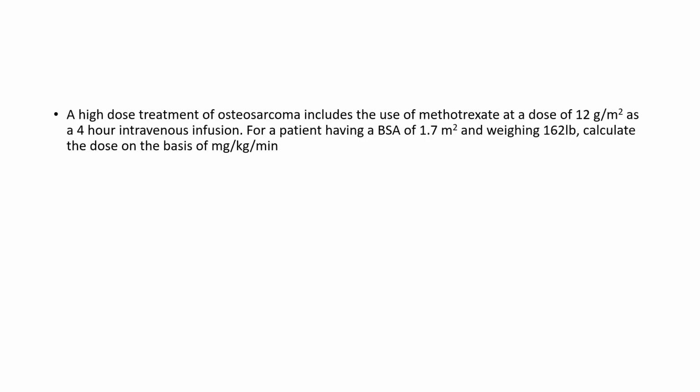A high-dose treatment for osteosarcoma includes the use of methotrexate at a dose of 12 grams per meter square at a 4-hour intravenous infusion. For a patient having a BSA of 1.7 meters square and weighing 162 pounds, calculate the dose on the basis of milligram per kilogram per minute.